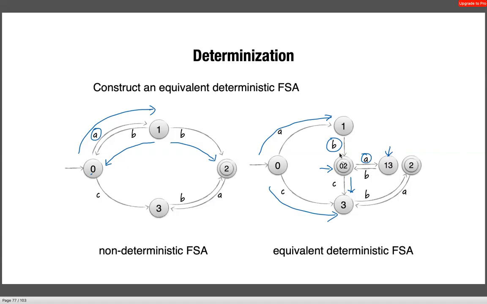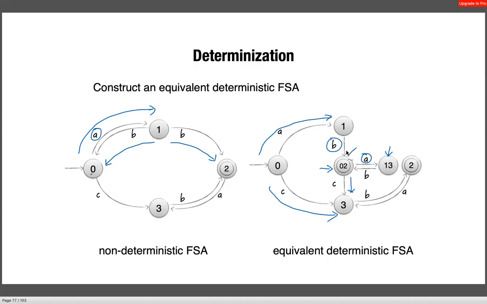Okay. So here, one more thing to note is that {0, 2} is marked as being a final state, as is state 2. So as long as any of the states in the set of states are final in the original non-deterministic machine, they will be a final state in the deterministic machine.